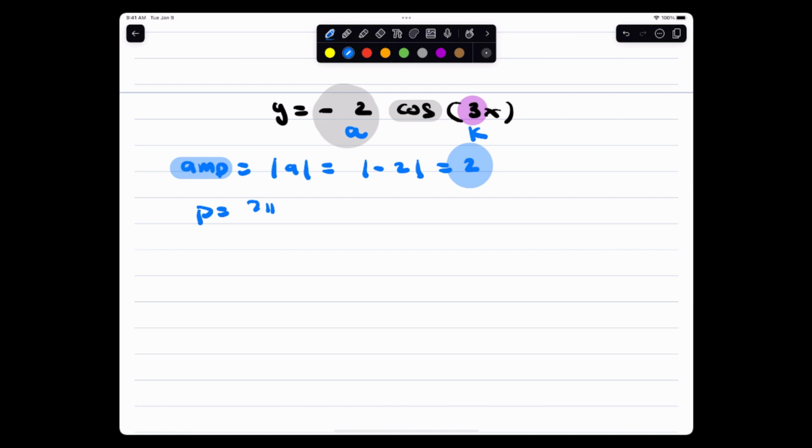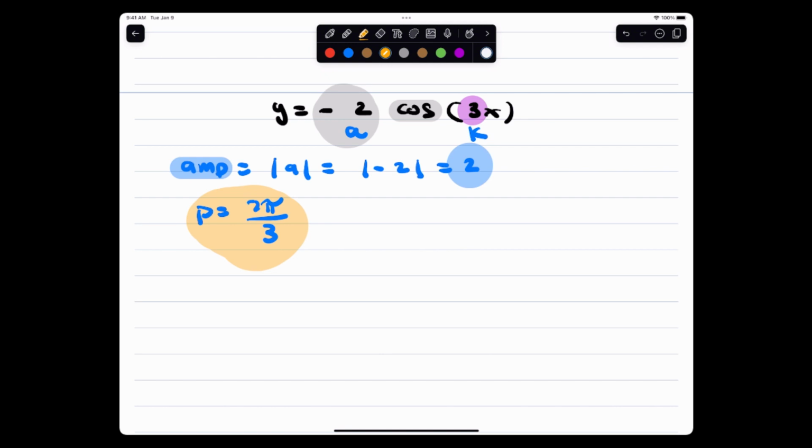Your period is 2 pi over K. What's the K value? Anybody know what K value is? It's 3 here. Now, can I simplify this fraction, 2 pi over 3? No. So what do you guys notice? That's the period.